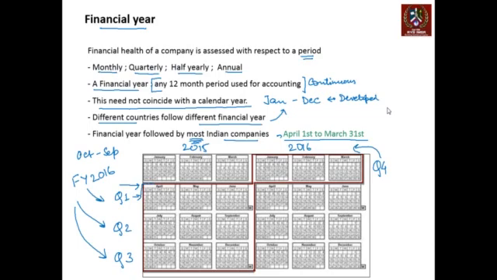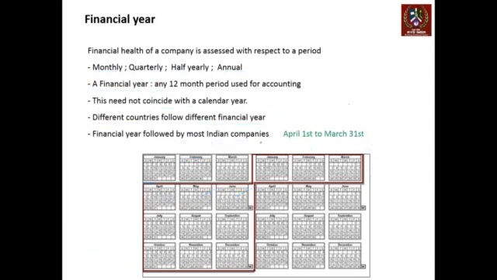When we say Q1 financial year 2016, that is typically April, May, June of 2015, because most companies in India follow the period between April of a year to March of the next year. So let us revalidate this.